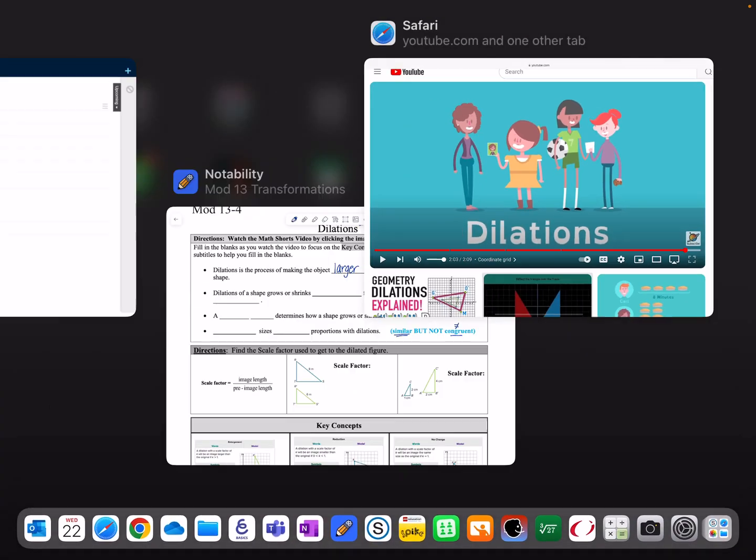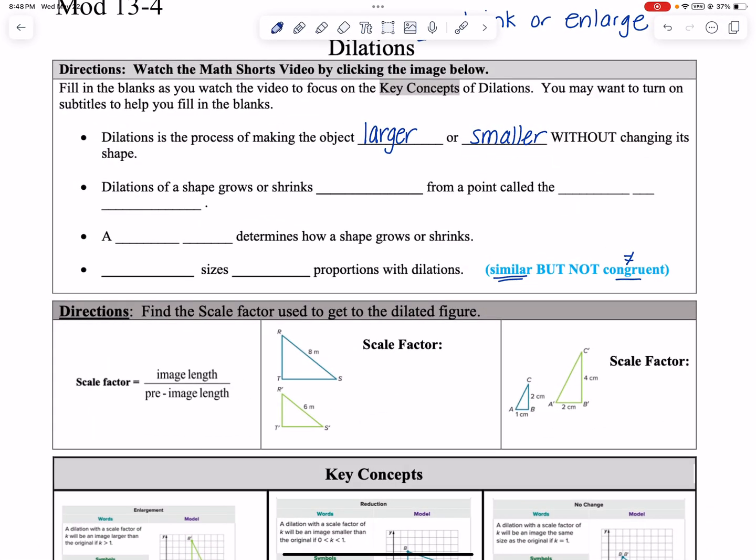All right, so let's go and fill out some more of these. It says dilations of a shape grows or shrinks, and we have the word proportionally. You're going to have to squeeze this in smaller. Proportionally from a point called the center of dilation, and remember that's spelled D-I-L-A-T-I-O-N, not dilation.